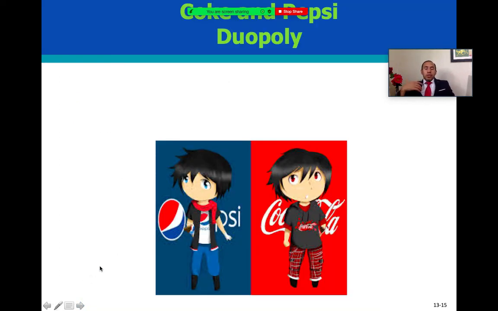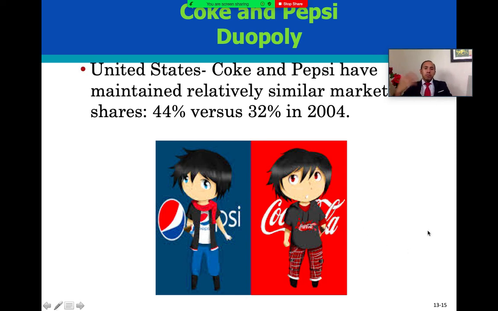For example, Coca-Cola and Pepsi, two firms. We have a duopoly. Two firms control the beverage industry, carbonated drinks, Pepsi and Coca-Cola, Powerade and Gatorade. They're owned by Coca-Cola and Pepsi, along with Dasani and Aquafina. So two of the firms control most of the market, at least in the United States.